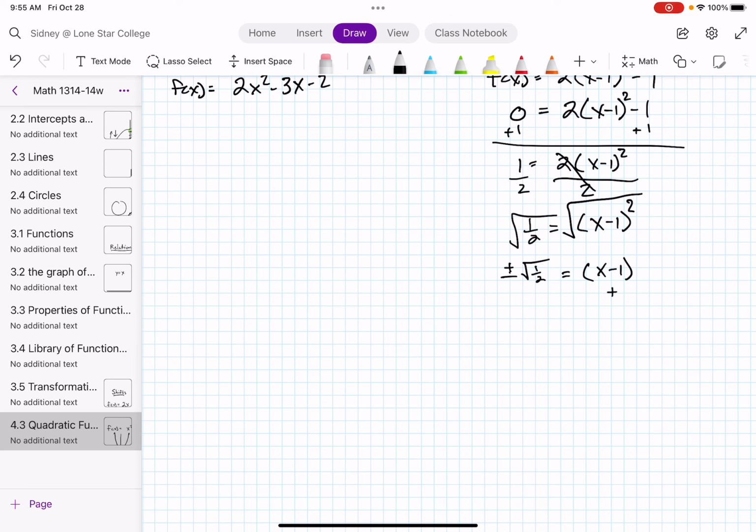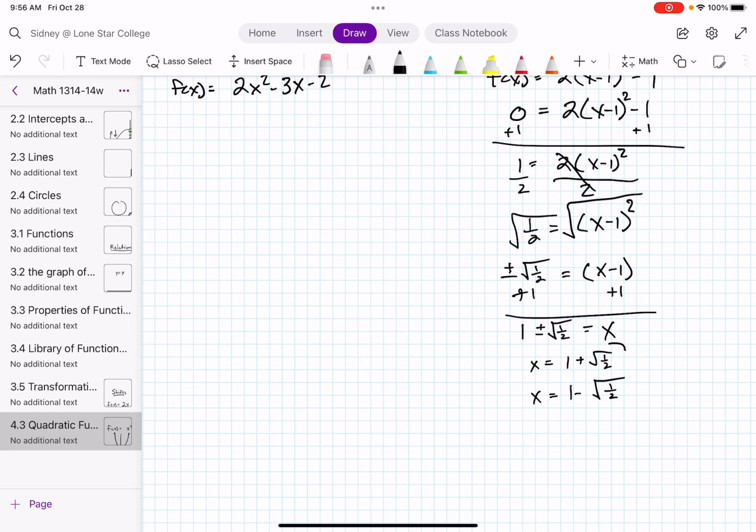To finish this up, we simply add 1 to both sides, and we end up with x is equal to 1 plus or minus the square root of 1/2. So that means that one of the x-intercepts is at 1 plus the square root of 1/2, and the other is at 1 minus the square root of 1/2.